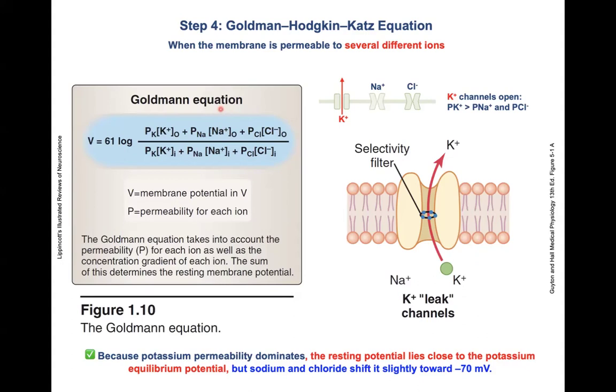This equation includes the concentration gradients of the major ions, sodium, potassium, and chloride, and weights each by its relative permeability. Because potassium permeability dominates, the resting potential lies close to the potassium equilibrium potential, but sodium and chloride shift it slightly toward minus 70 millivolts.